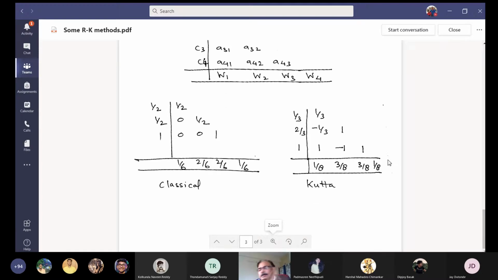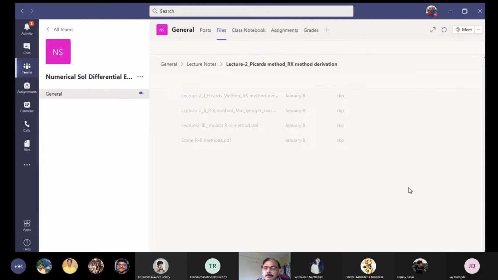So you may see this type of pattern. You have to see what type of pattern is there, and then accordingly. So this is your classical fourth order method. This you have to remember. And then there is also the Kutta fourth order method. This is some simple thing which was left for this Runge-Kutta part.